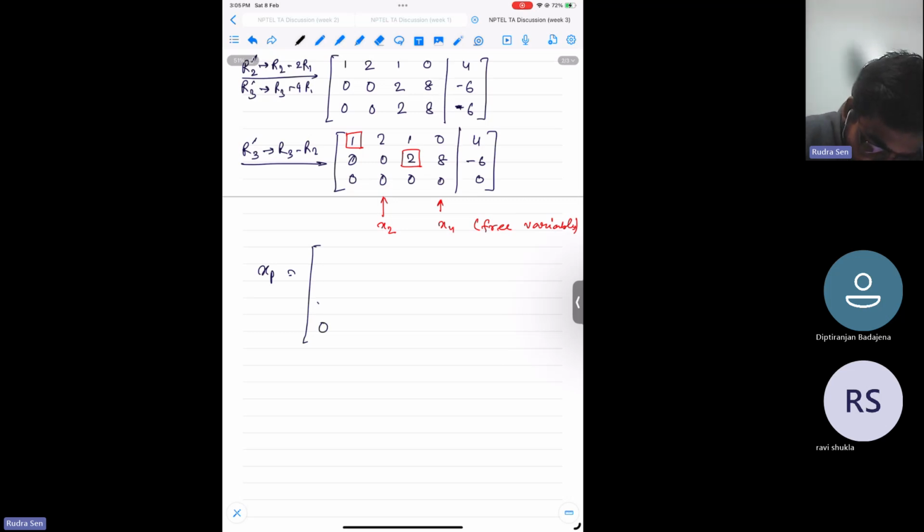So the particular solution is 0, minus 3, 0, and 7, and this is one of the particular solutions.